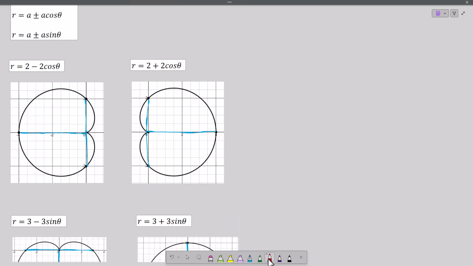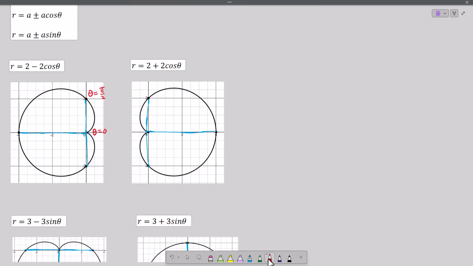Then we rotate to pi over 2 and plug in pi over 2. Cosine of pi over 2 is 0. 2 minus 0 is 2. So in the pi over 2 direction, we go 2 units away from the origin. There's theta equals pi over 2.